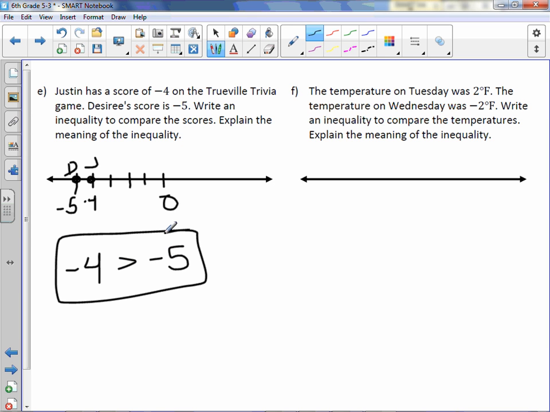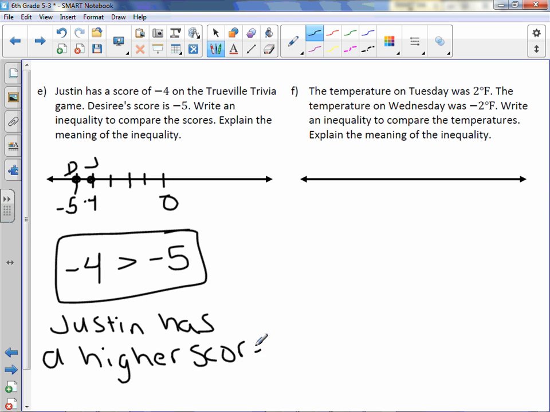That's the inequality. Inequalities have that less than, greater than symbol. And now explain the meaning. Well, remember, Justin was -4, so what we can say is Justin has a higher score, and we can even say a higher score than Desiree.